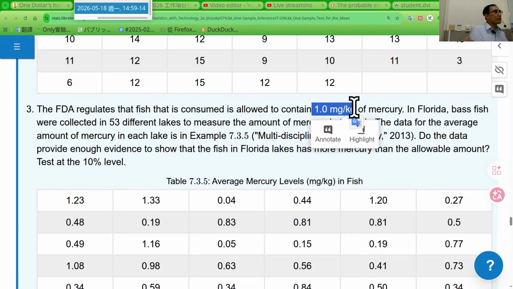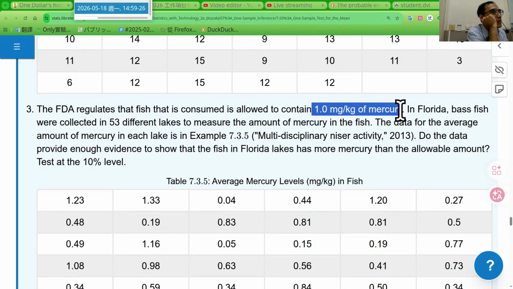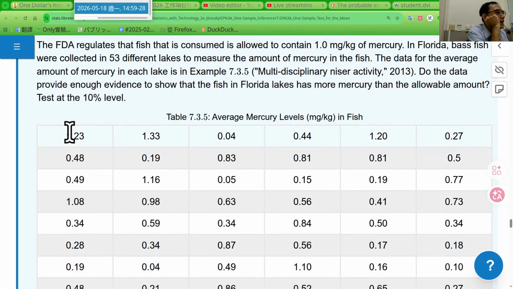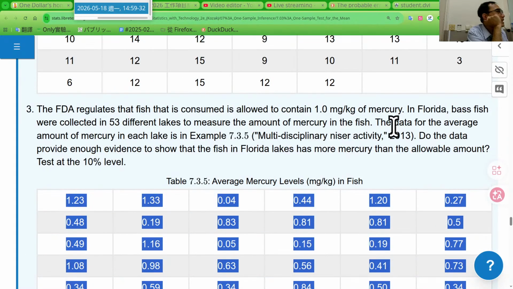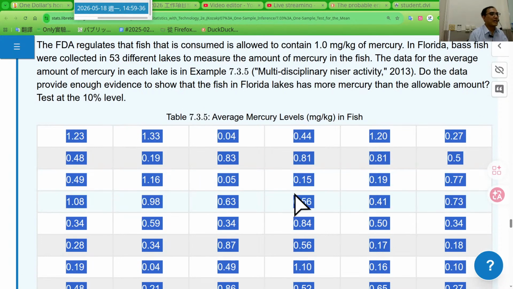Roughly, I mean roughly, you need to observe the data. 7 number sets are over 1.0 milligrams per kilogram of fish for mercury. But personally, I think this number will not be over, and later we need a scientific calculation. It's not easy to get this. Okay, let's move on.